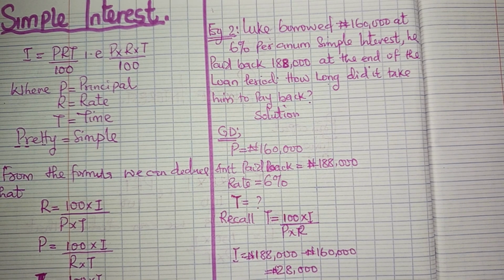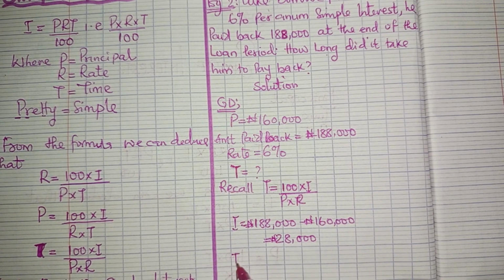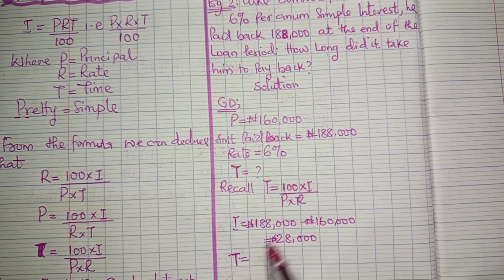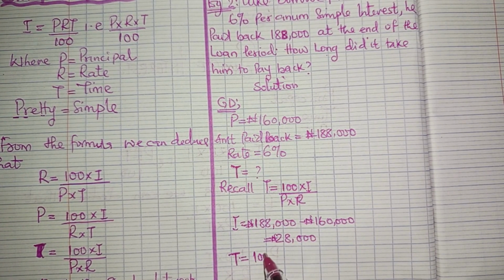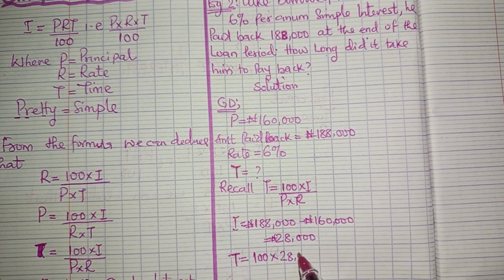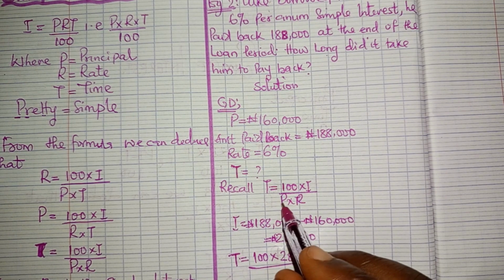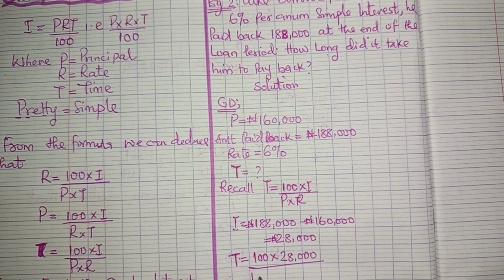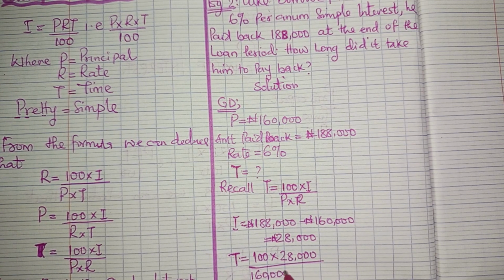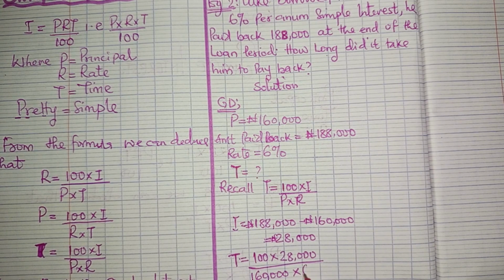Okay. T is now 100 multiplied by interest, which is 28,000, all divided by the principal, which is 160,000, multiplied by rate 6%.